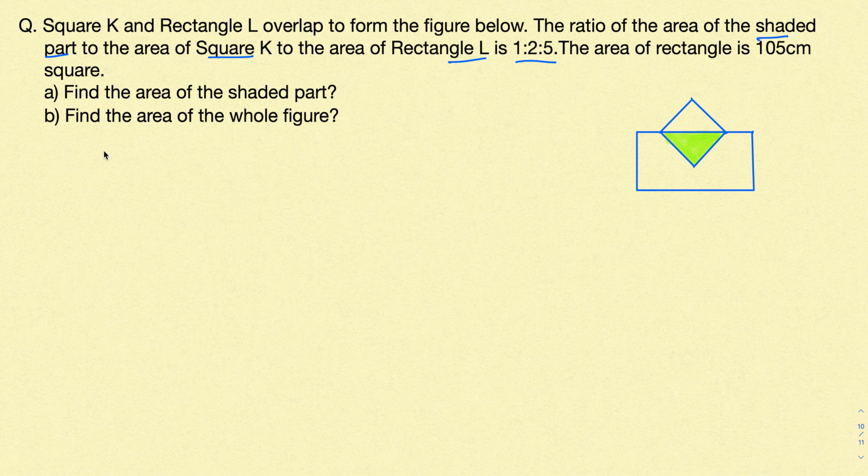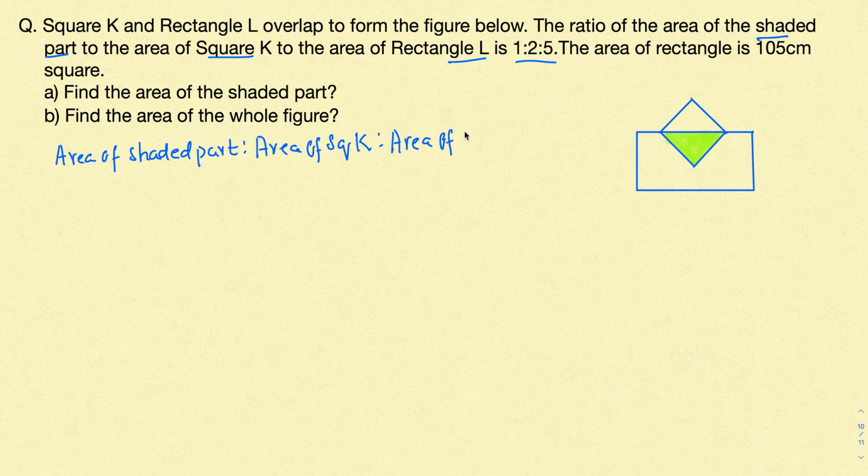So let's write it. What we have here is area of shaded part is to area of square K. So let's represent it by just writing SQ for square K, and to the area of rectangle.